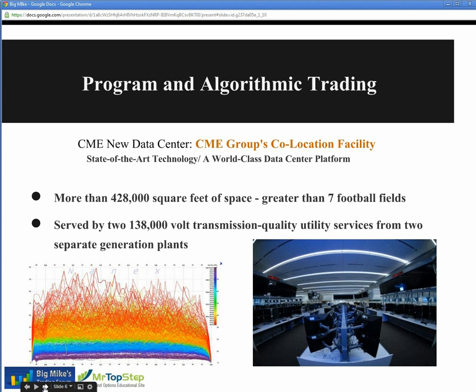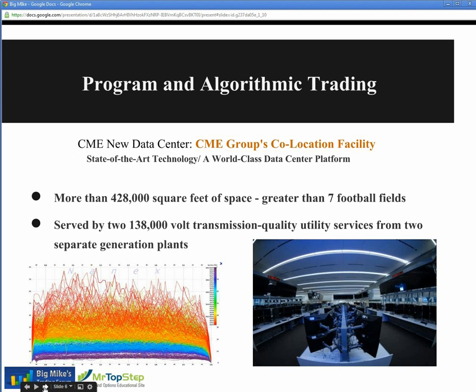Because if program trading makes, let's be nice, 70% of the volume at the New York Stock Exchange, the CME, the BATS, all these exchanges, do you really think they're going to throw out 70% of their volume? They never will.